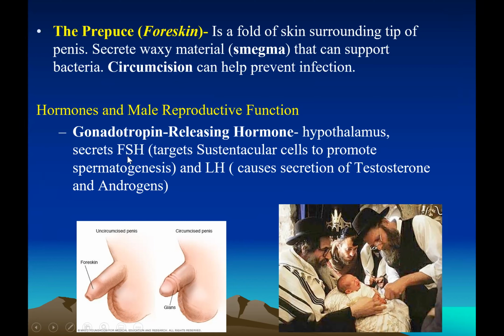The follicle stimulating hormone will target the sustentacular cells, or the nurse cells, that will trigger spermatogenesis. And the luteinizing hormone will cause the secretion of the male hormones, testosterone and androgens. So both the male and the female reproductive system is regulated and modulated by the endocrine system, and the endocrine system is under the control of the brain.